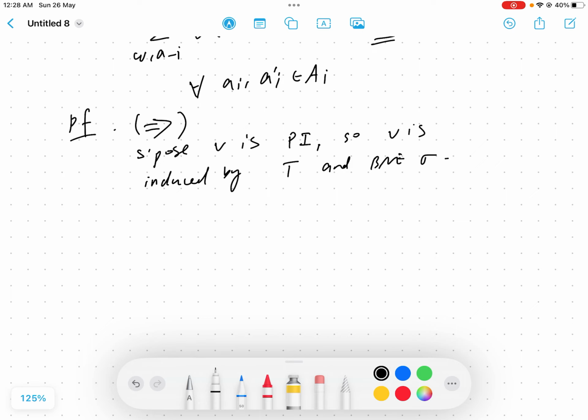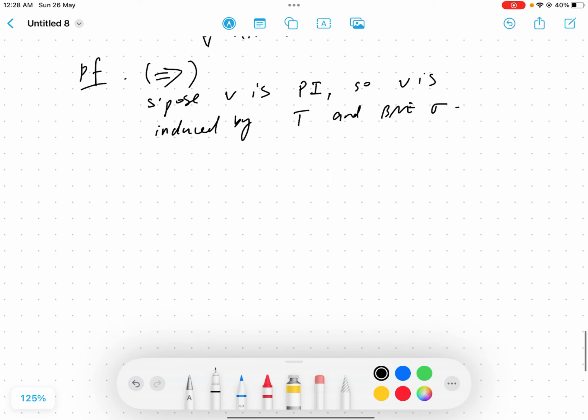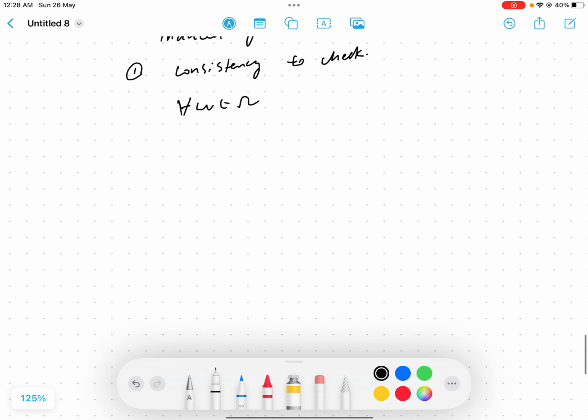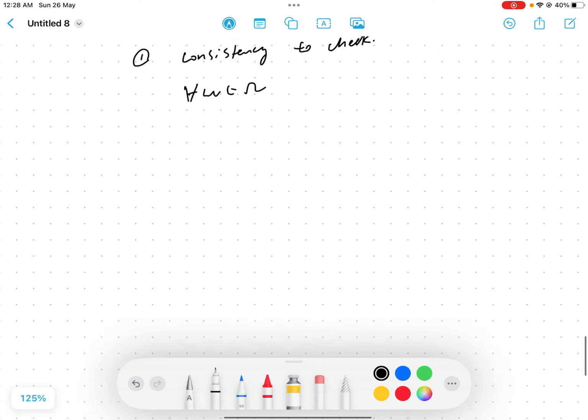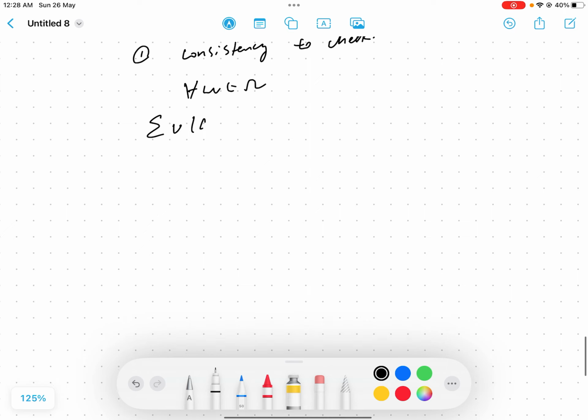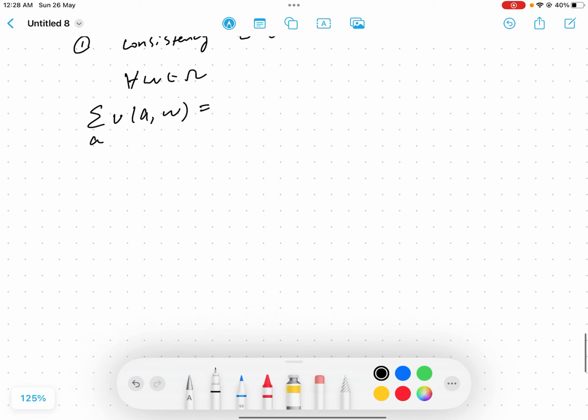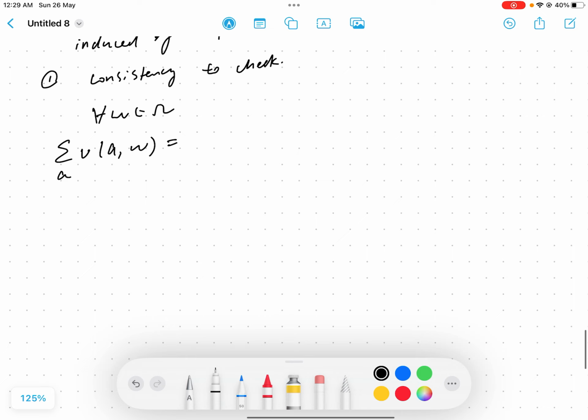Then what we need to do is to check those two requirements, right? So let's first check the consistency. For all the omegas, let's just check the summation of the V's. That's what we are going to check. We just expand those things and plug them in.